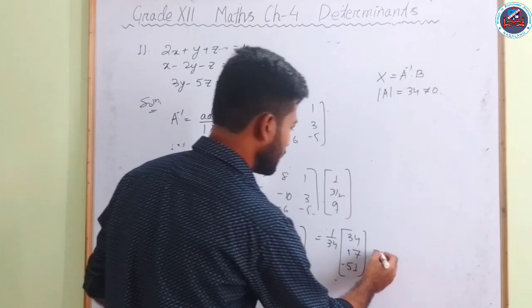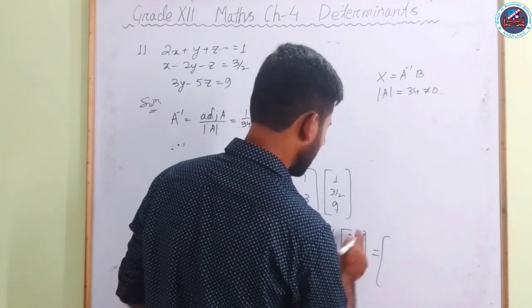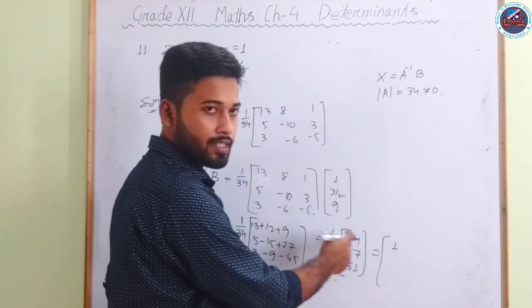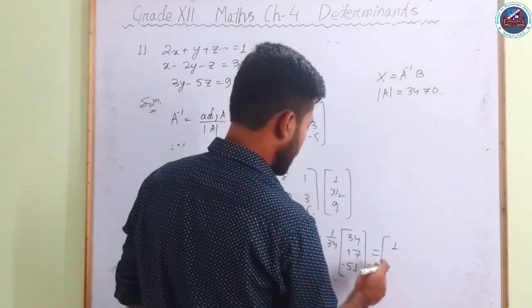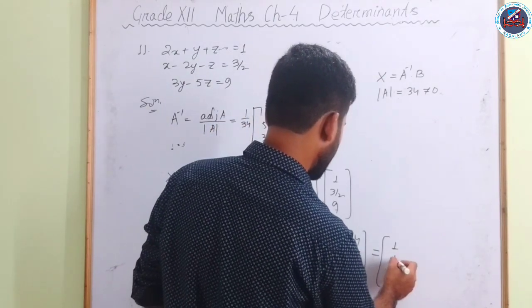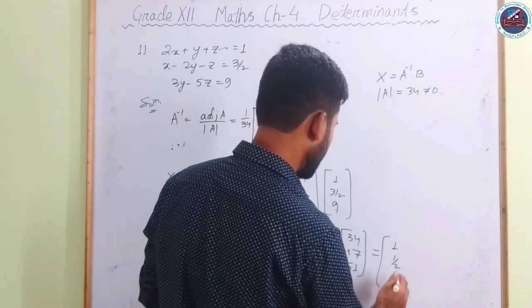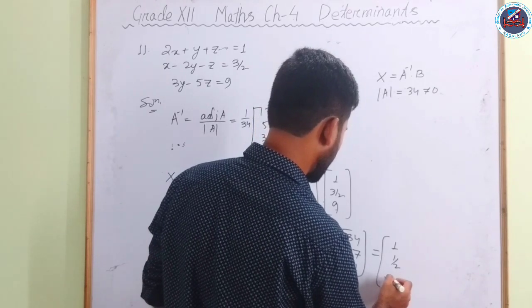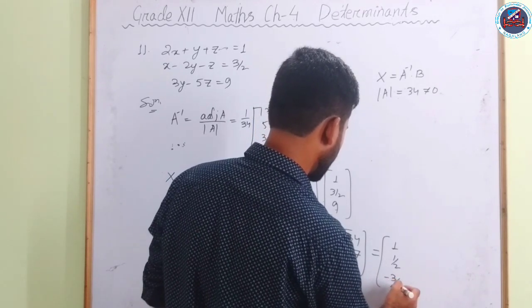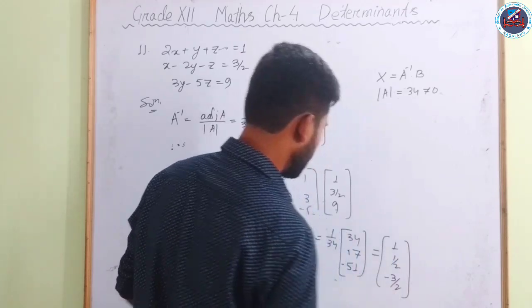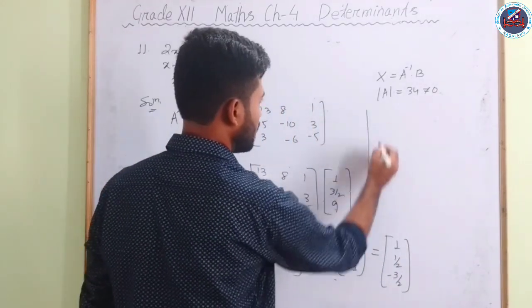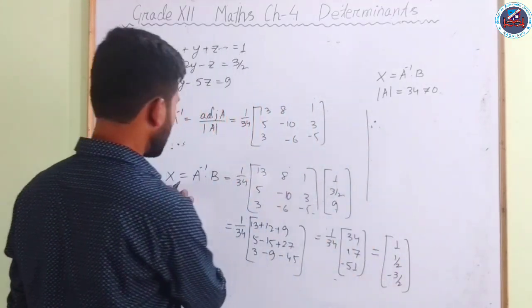Okay, now if I calculate this, so 34 34 will cancel each other because it will be scalar multiplication, and here it will be 34, this will be 1 by 2 and this will be minus 3 by 2.